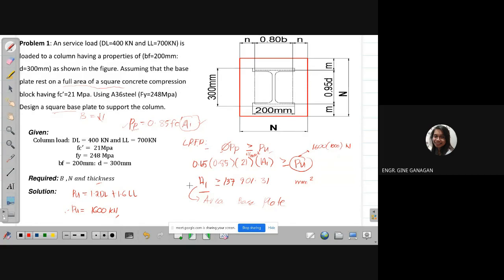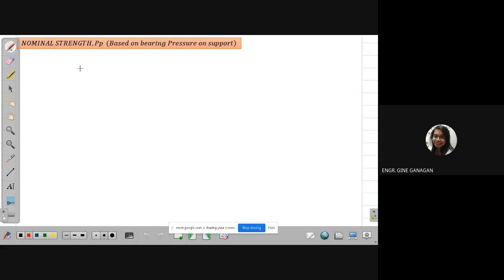And pag meron na tayong area, square base plate tayo, so B is equal to N. So yung area natin is equal to B times N, and yung B is equal to N natin. So yung area natin, which is 137,901.31 mm squared, is equal to B squared. So, ano yung B natin?